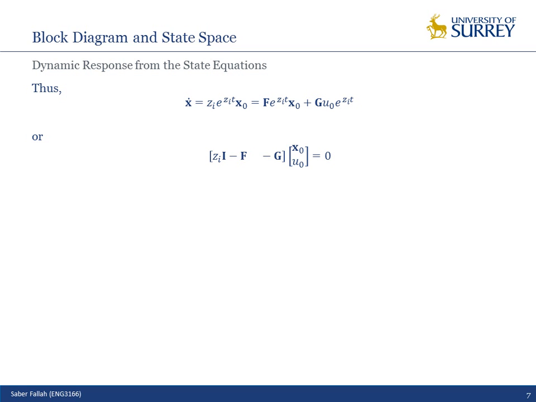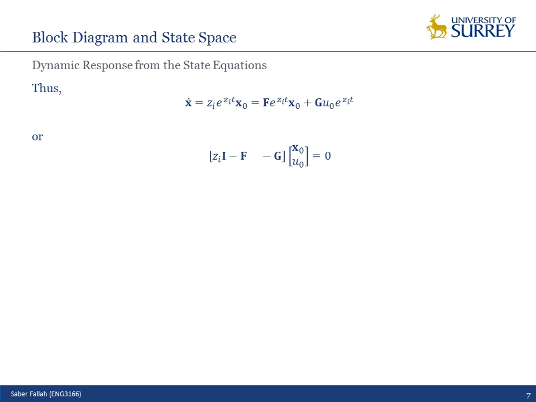E power zi t will be cancelled out from all parts. So I will have zi I x naught minus f x naught minus g u naught equal to 0.